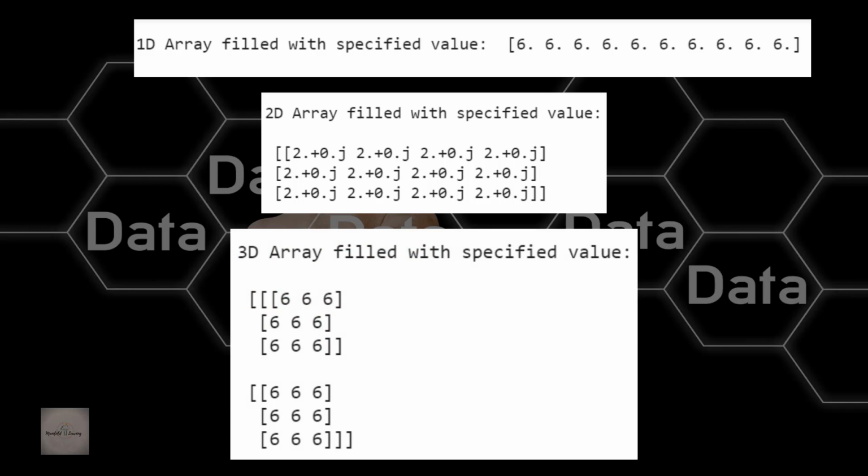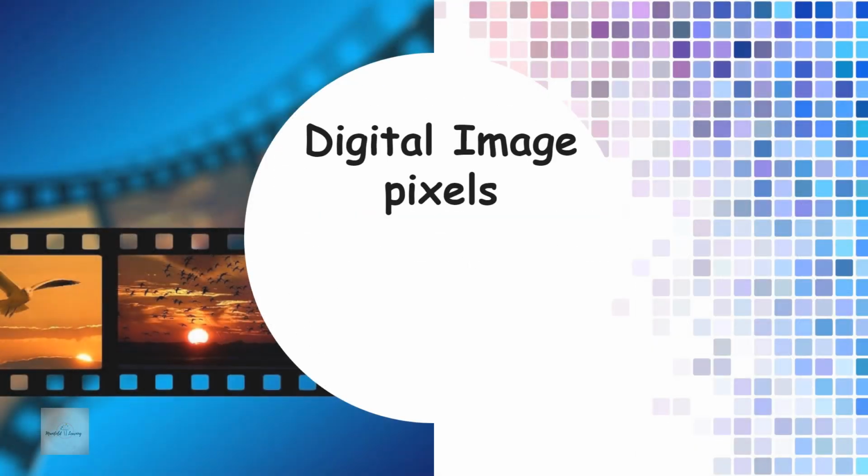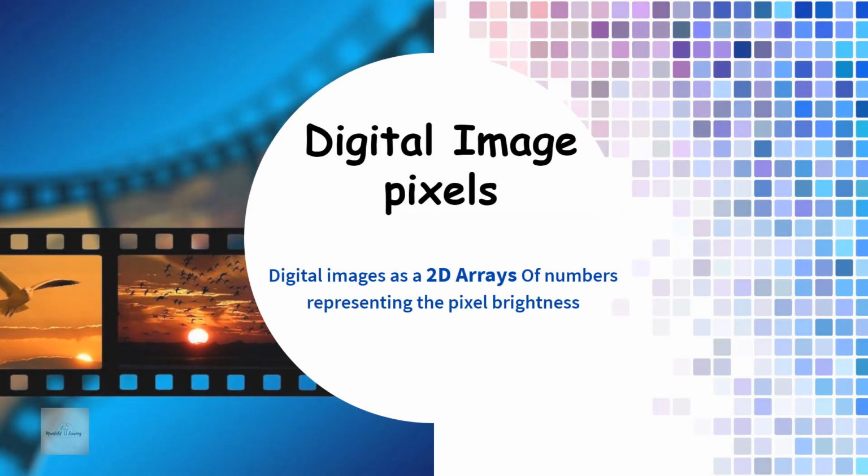To give you an example, think about images. A digital image is composed of picture elements known as pixels. You can think of these digital images as a two-dimensional array of numbers representing the pixel brightness across the area.